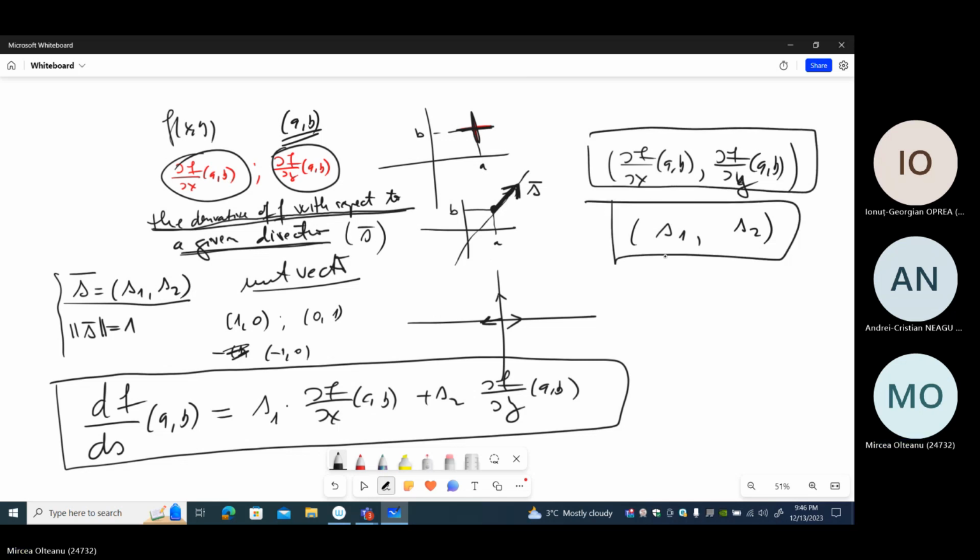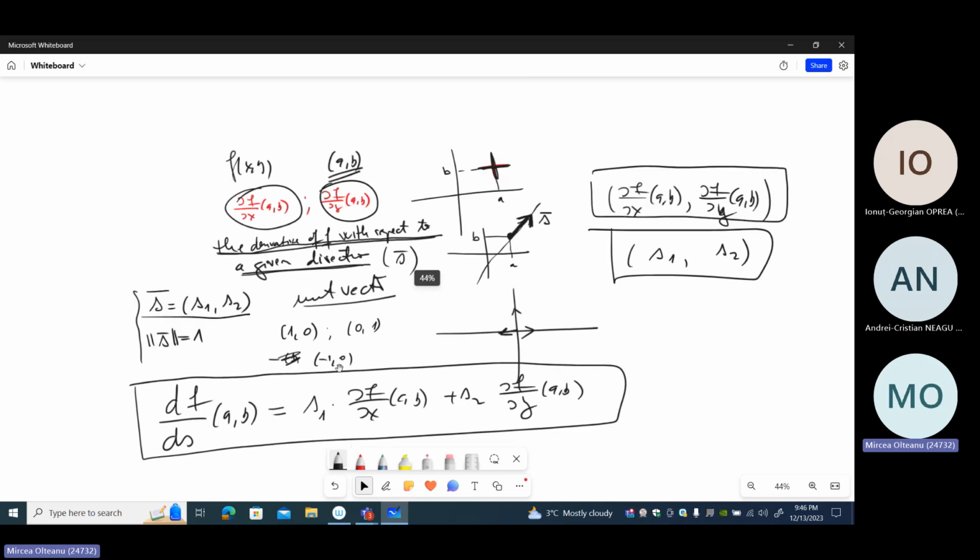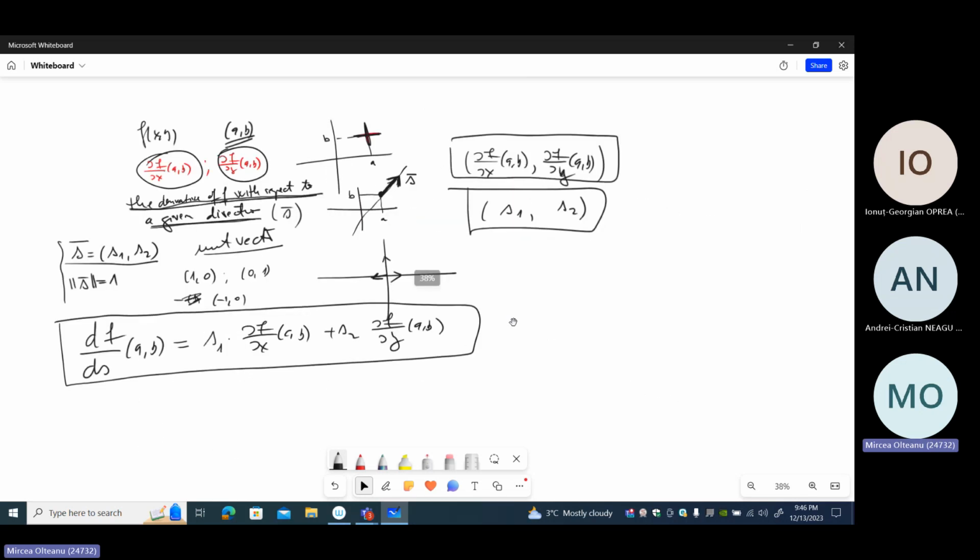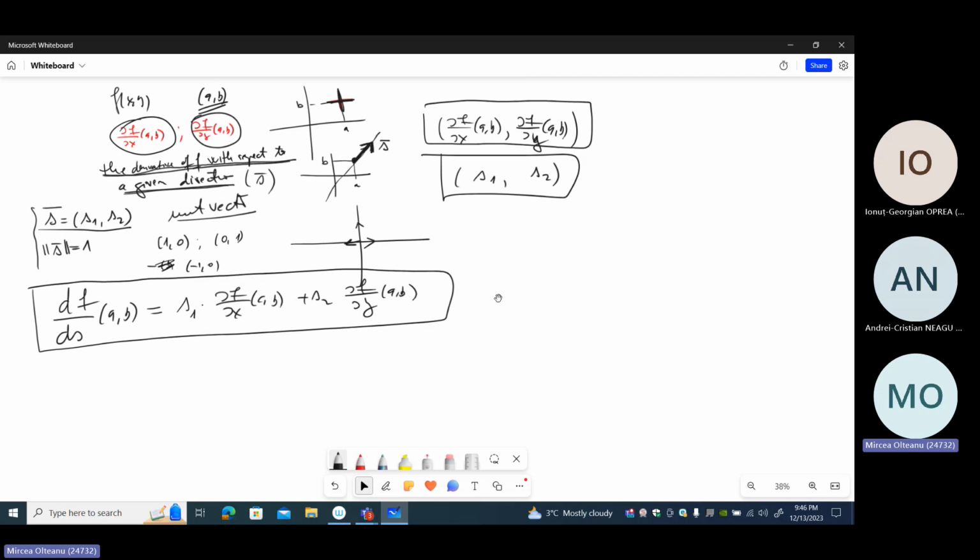So this number is a measure of how quickly the values of f are changing when the argument is moving in this direction. And now we can ask the following very important problem.